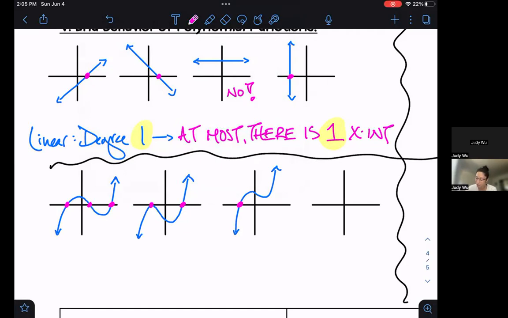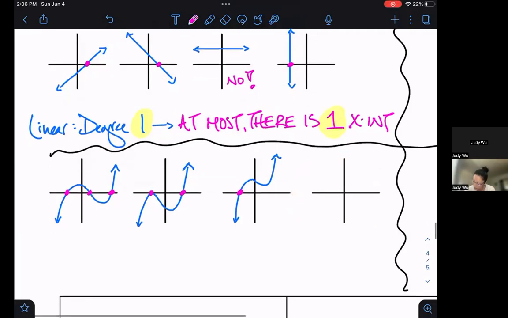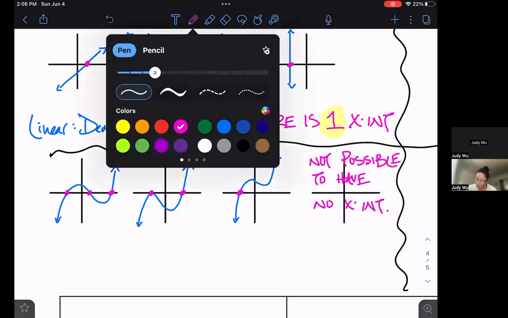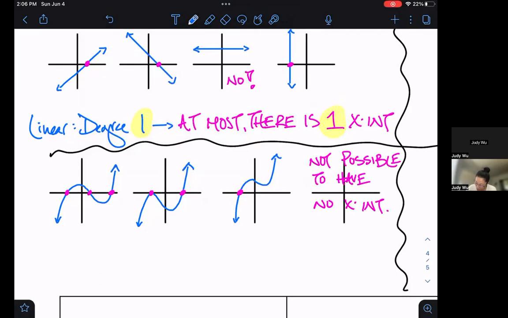Now, could I draw a picture that has no x-intercepts? It's not possible in this case, all right? It's not possible to have no x-intercepts, okay? So let's write something similar. Above we said linear, but this one is cubic, which is not degree 1, but degree 3.